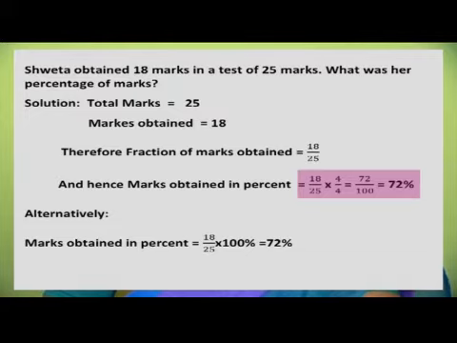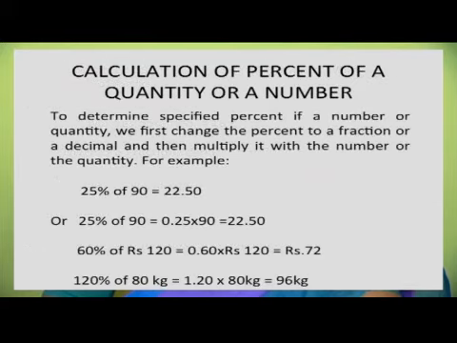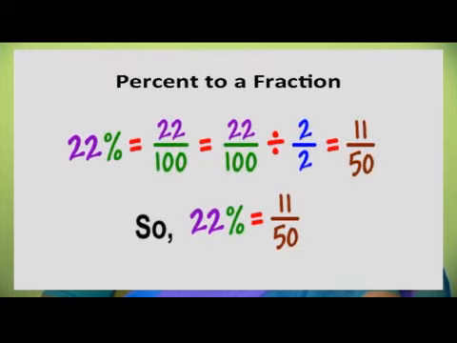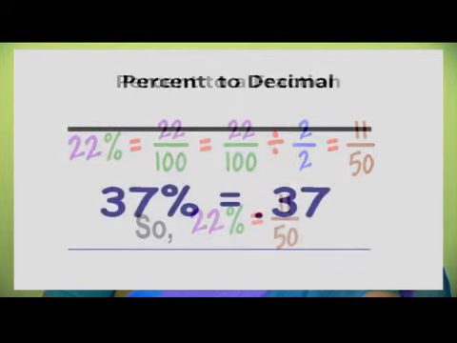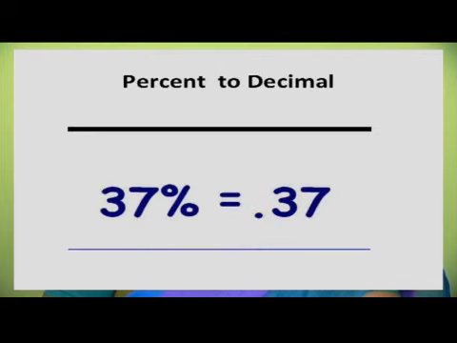which may be written as 72%. Now, we are going to see how we can calculate a percent of a quantity or a number. To determine a specified percent of a number or a quantity, we first change the percent to a fraction or a decimal and then multiply it with the number or quantity.